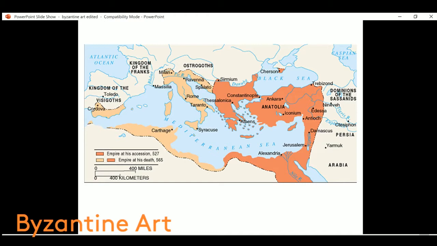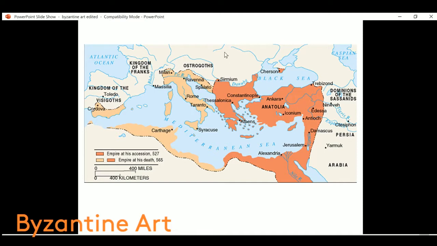The Western side simply deteriorated over time, this western area, with all the barbarian invasions like the Visigoths from here, the Ostrogoths on the north, like what you see here, and the infamous Attila the Hun, one of the barbaric tribes that came from the northern part.